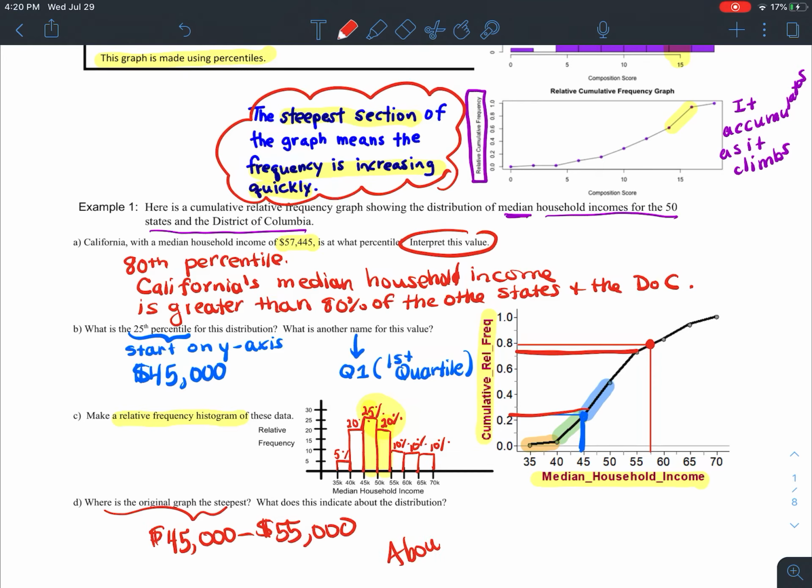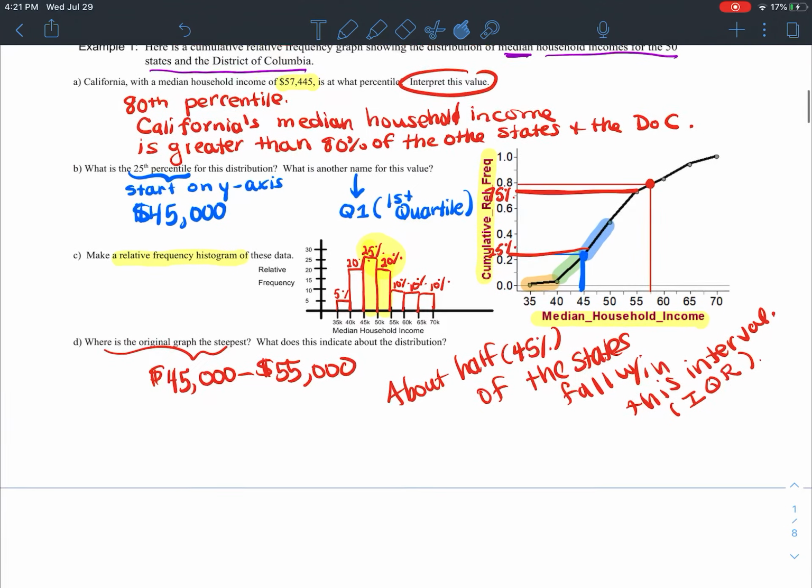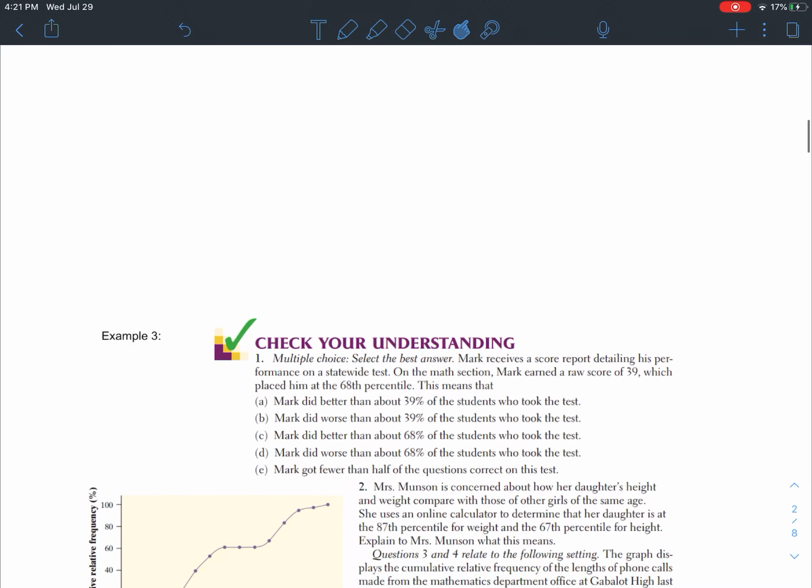So I'm just going to say about half, roughly 45% of the states fall within this interval. It feels like it's maybe 25th percentile to maybe 75th percentile, which is known as the interquartile range.